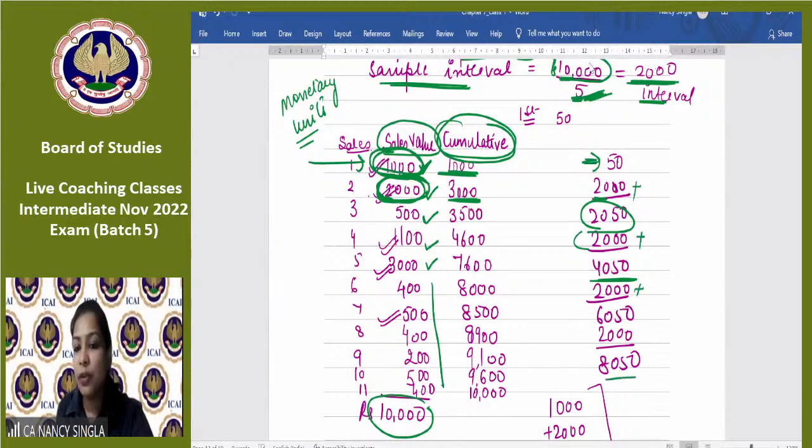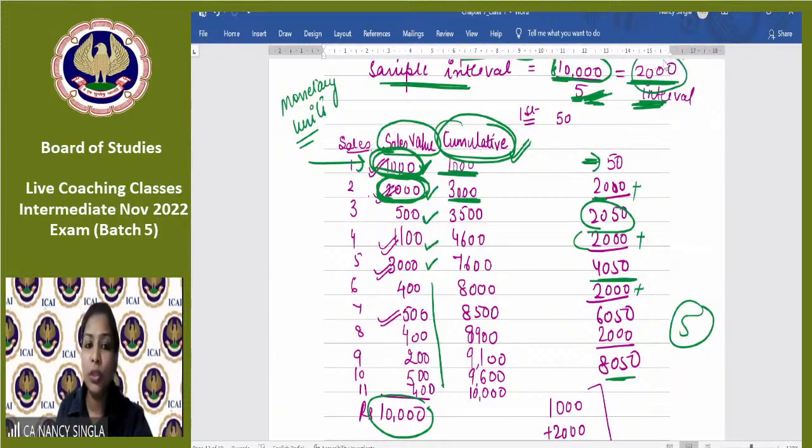This way the auditor will be selecting 5 samples. Okay, you all have done this method now. Cumulative sales values are calculated and the interval is calculated by dividing this 10,000 rupees by the desired sample size. So every 2,000th item is coming. This way all these samples will come.